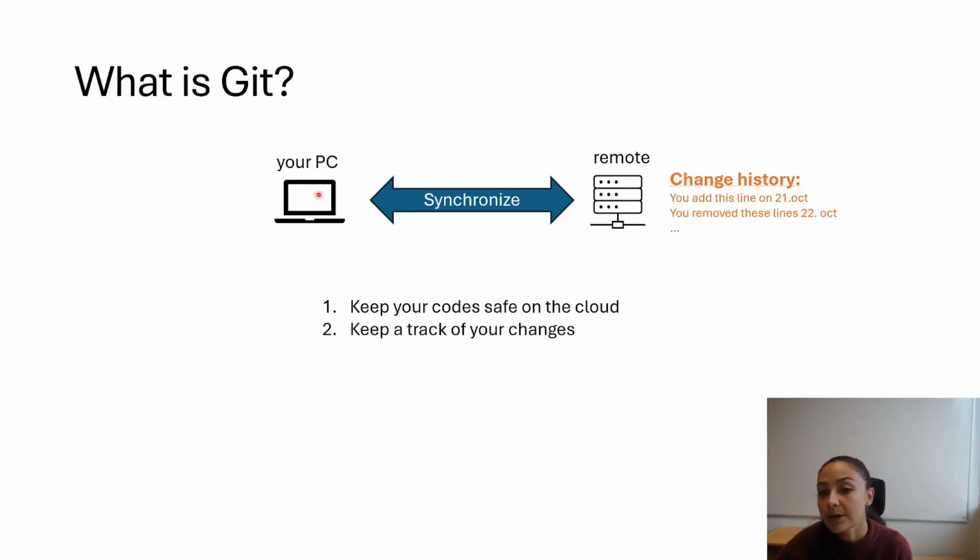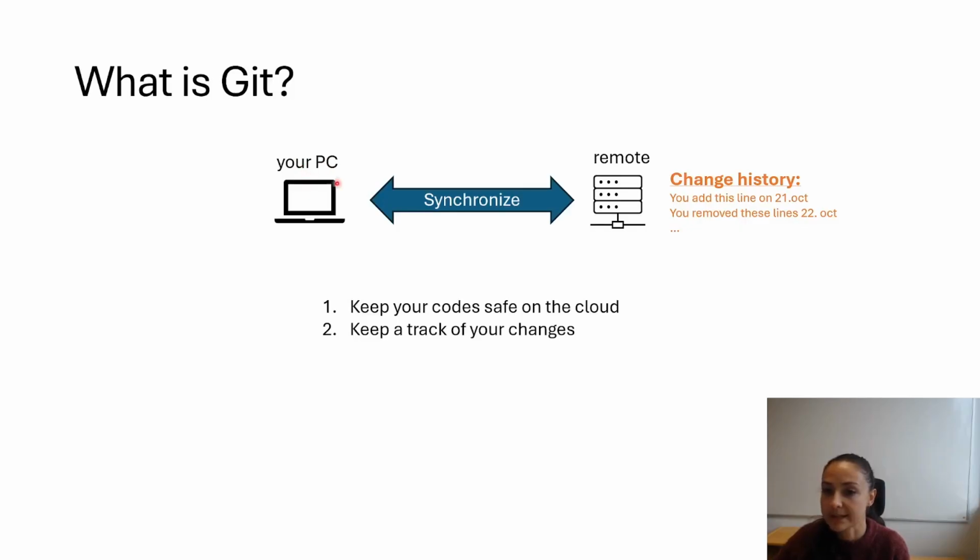But when you are writing code, for example, you wrote code yesterday and then some new ideas come to your mind today, and you add some stuff. And you want to see, what did I do yesterday? What lines did I actually change? Not the whole file copy, but just what I changed yesterday, what I changed the day before. So to keep track of your changes, you can use Git.